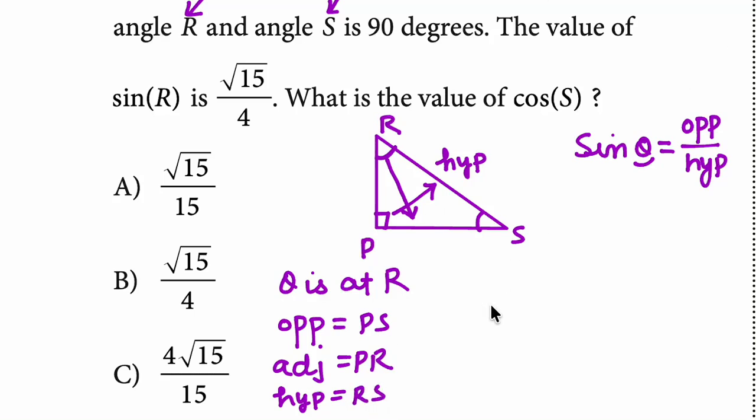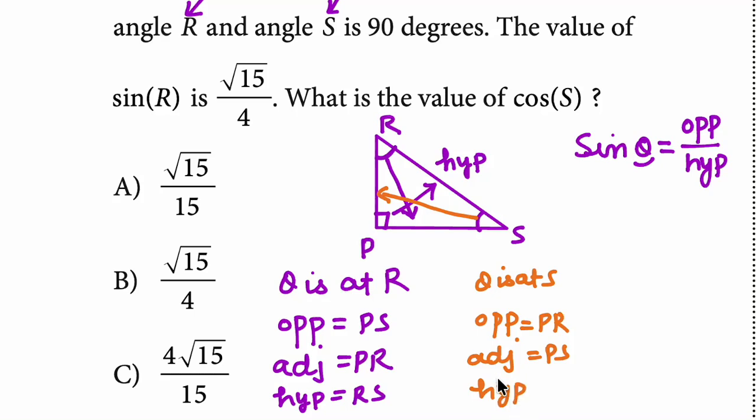Now if theta is at S, opposite will be PR, adjacent will be PS, and the hypotenuse never changes because it is the side opposite to 90 degrees. So you see, if we change the position of the two acute angles, opposite and adjacent change their positions, right?